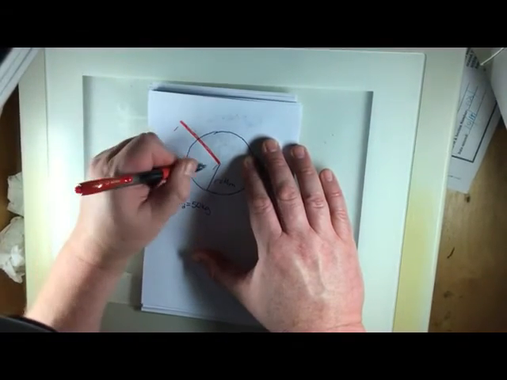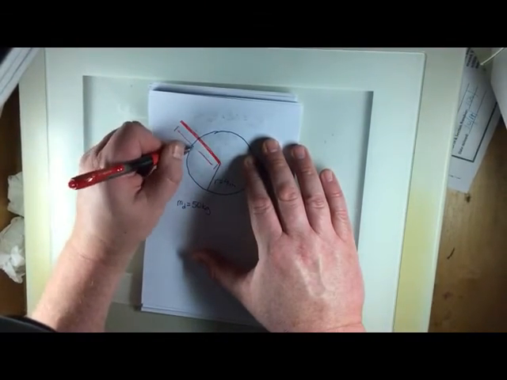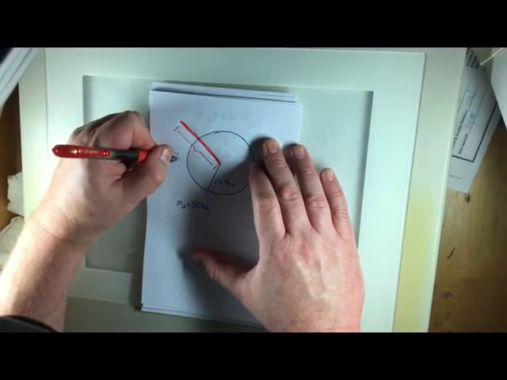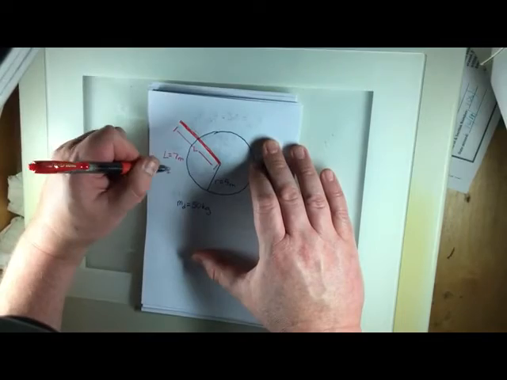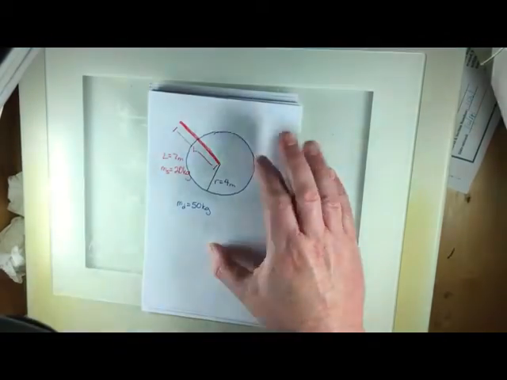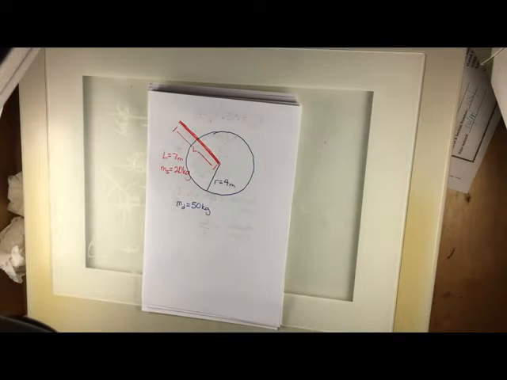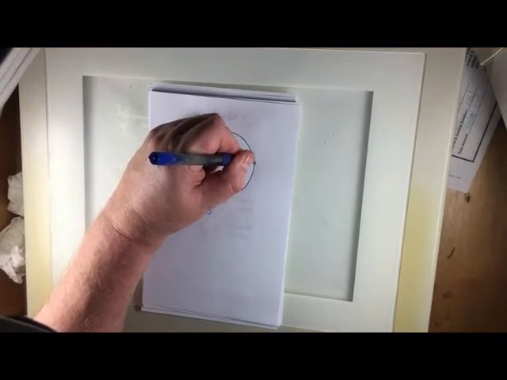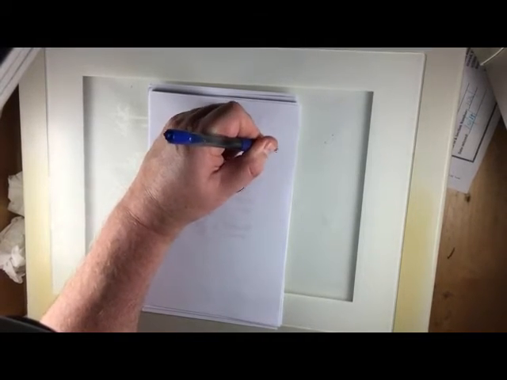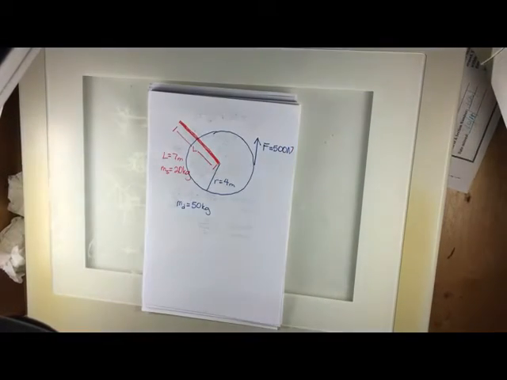The length of the stick, L, is 7 meters, and the mass of the stick is 20 kilograms. At the edge of the disc, that force is 500 newtons.